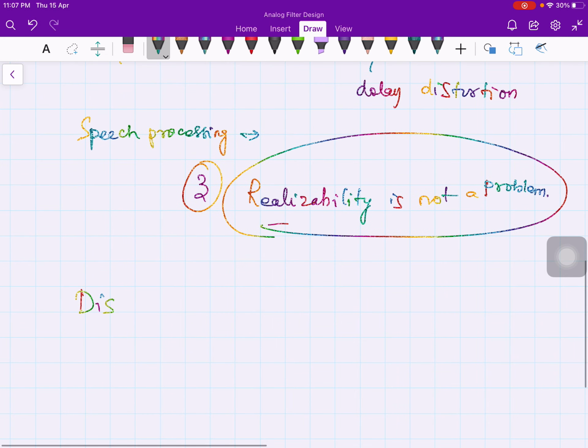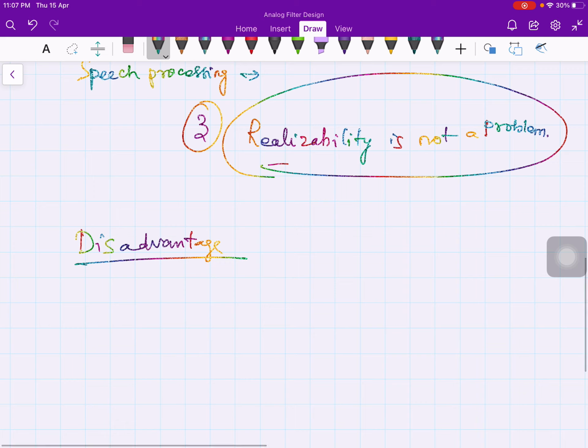And the disadvantage is that you have to use for this same specs a larger order. Okay, it needs larger order FIR filters.